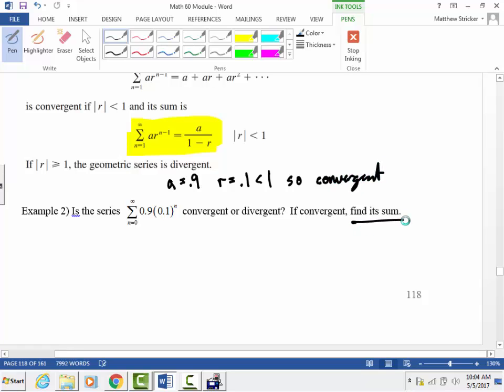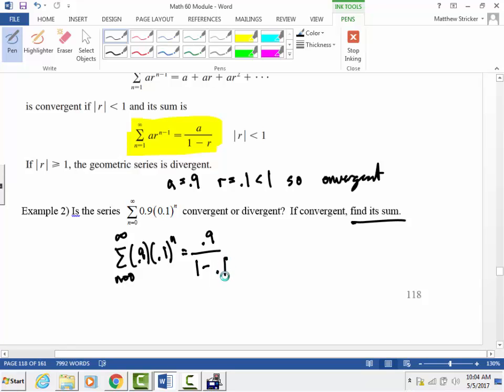If convergent, find its sum. Well, the sum of n equals 0 to infinity of 0.9 times 0.1 to the n is equal to the first term, what's the first term, 0.9, divided by 1 minus r, which is, what's r, 0.1.